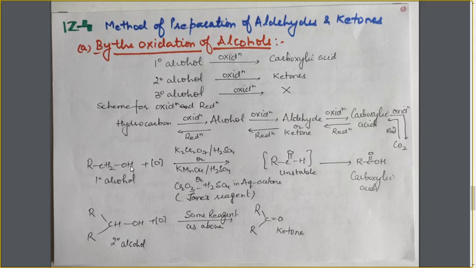From this position and from this position, one hydrogen atom is removed along with this oxygen in the form of water, leaving one free valency here and one free valency here, and that will result in the formation of a double bond. So with this oxygen, remove one hydrogen from this position and one hydrogen from this position, you will get the aldehyde.